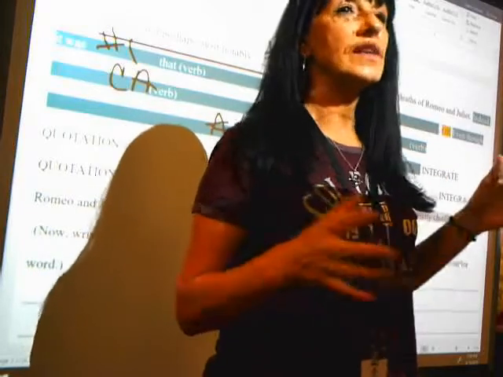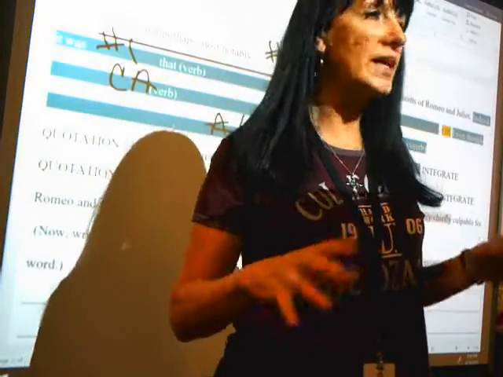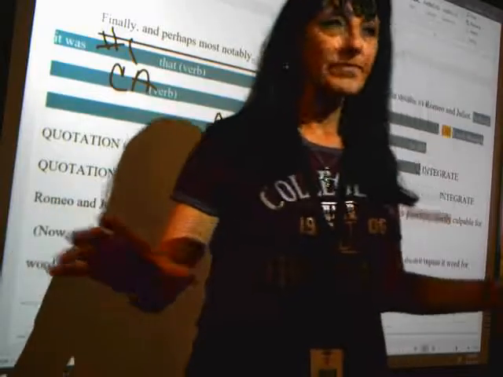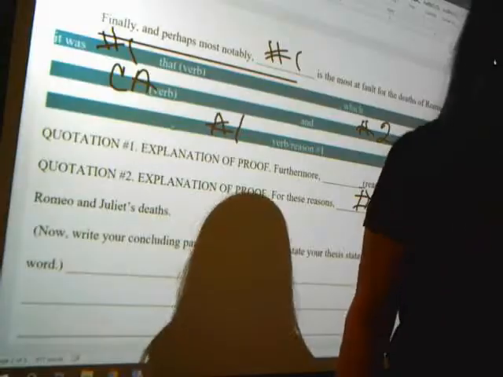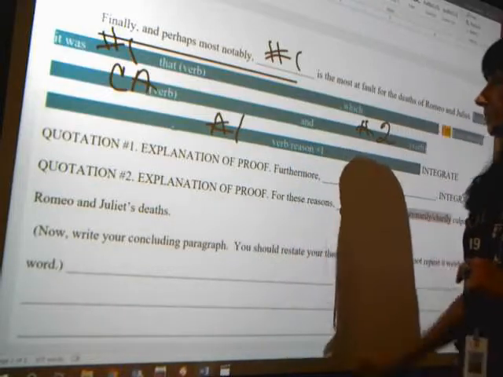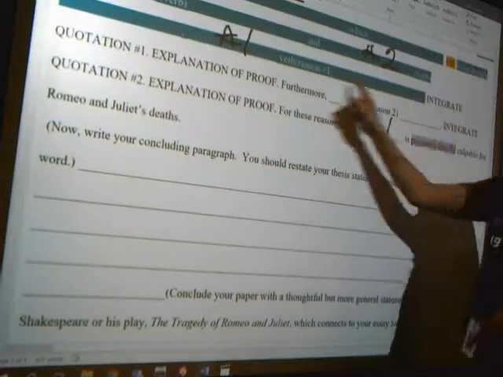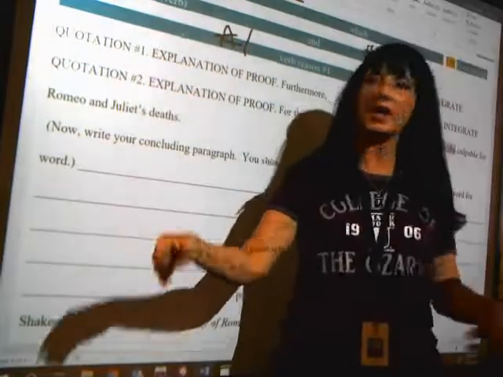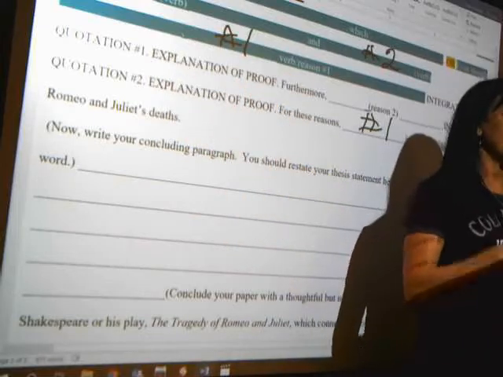So look and see how you want to do it. Think about it, plan it, don't rush this decision. Look at your reasons, etc. Reason, start with the first one, of course, and we'll play with it. Call me over if you need help, let me know. Okay? Once you get there, integrate the quotation for number 1, explanation of proof for number 1.